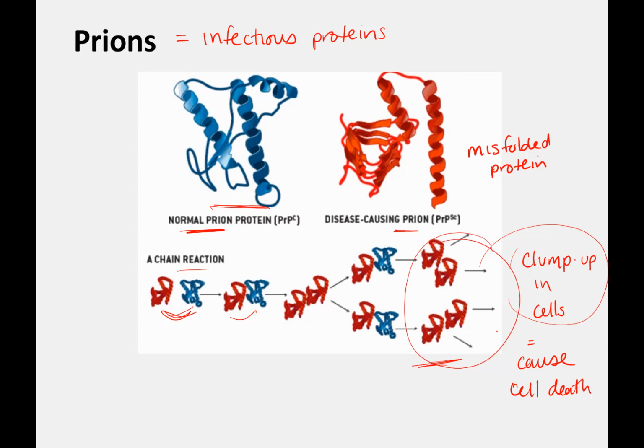Your brain doesn't function anymore, and you die. What's crazy about prions is even though they're proteins, they are not affected by pH, they are not affected by heat, and the only way to destroy a prion is to incinerate it, so you have to burn it up.